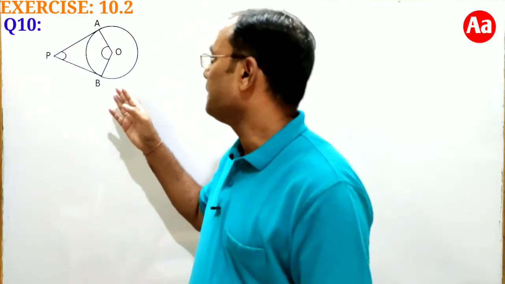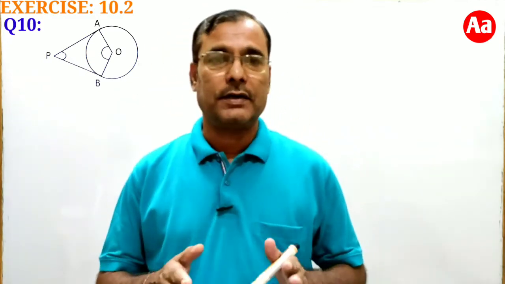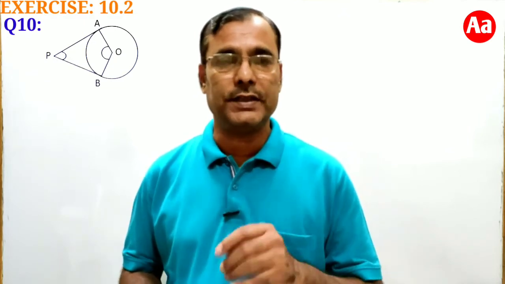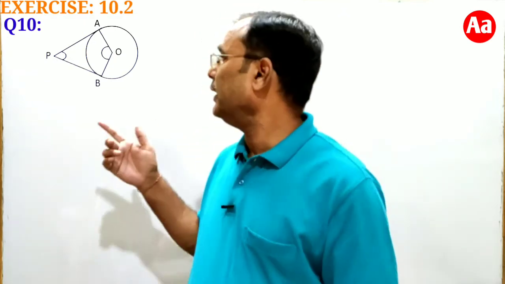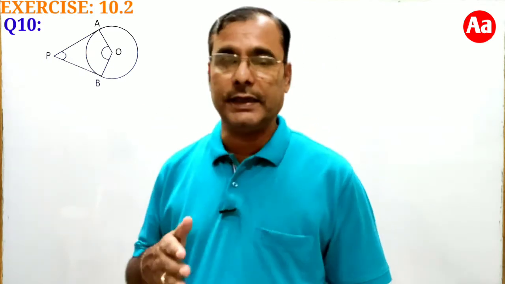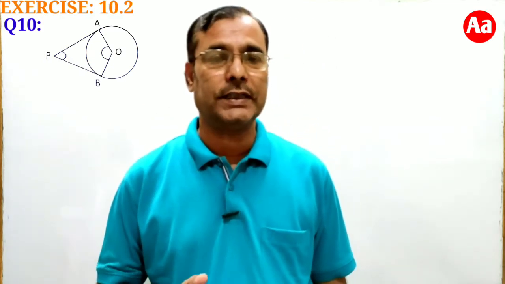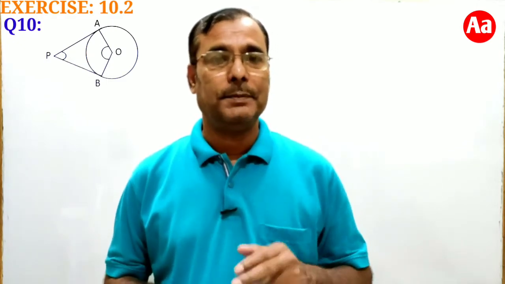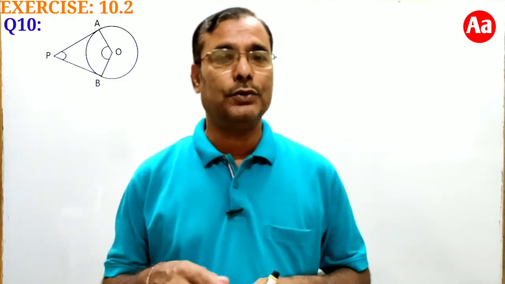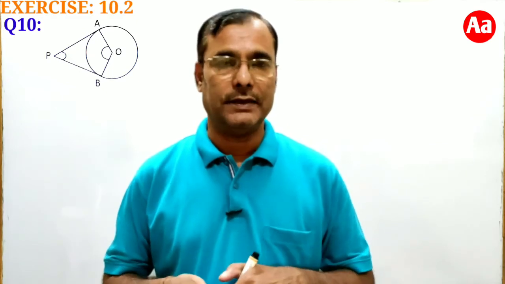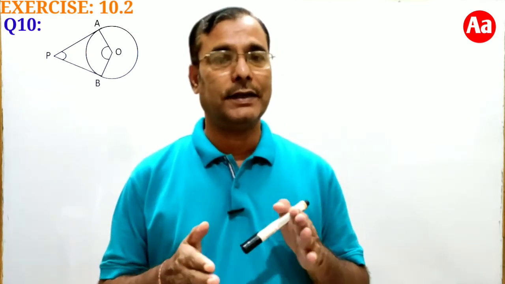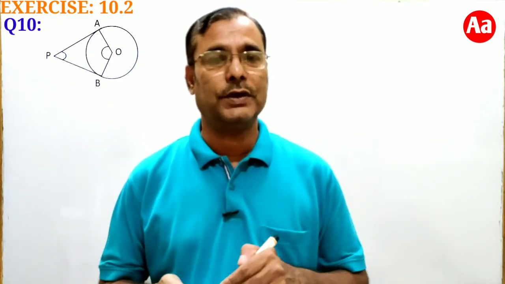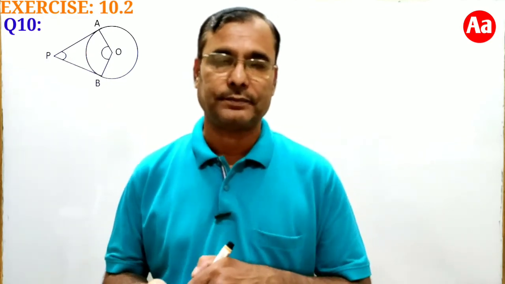In this figure, PA and PB are two tangents drawn from external point P to the circle with center O. OA and OB are radii through the points of contact A and B. We have to prove that angle APB and angle AOB are supplementary angles. That is, angle APB plus angle AOB is equal to 180 degrees.